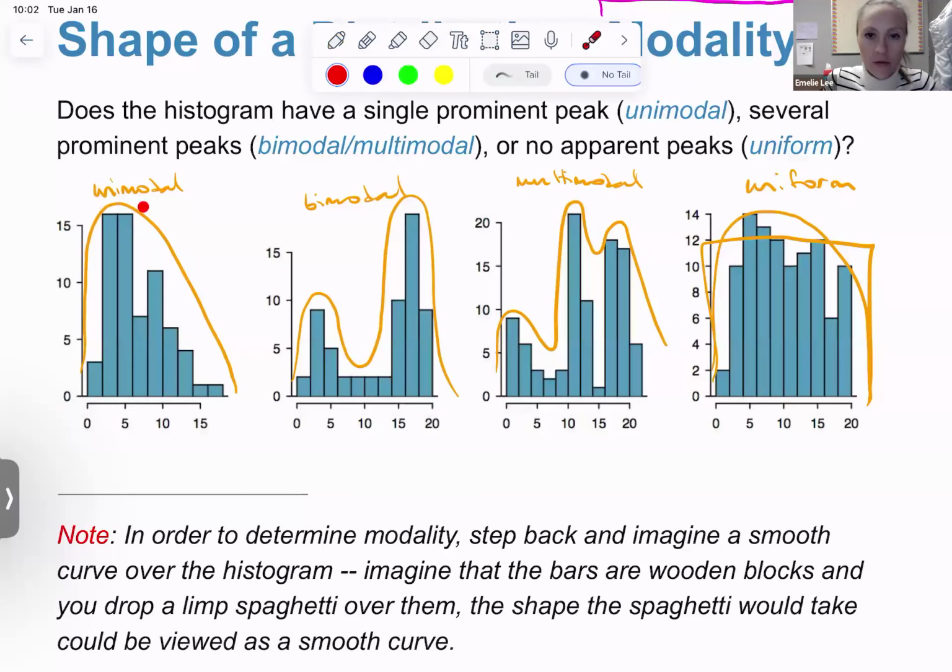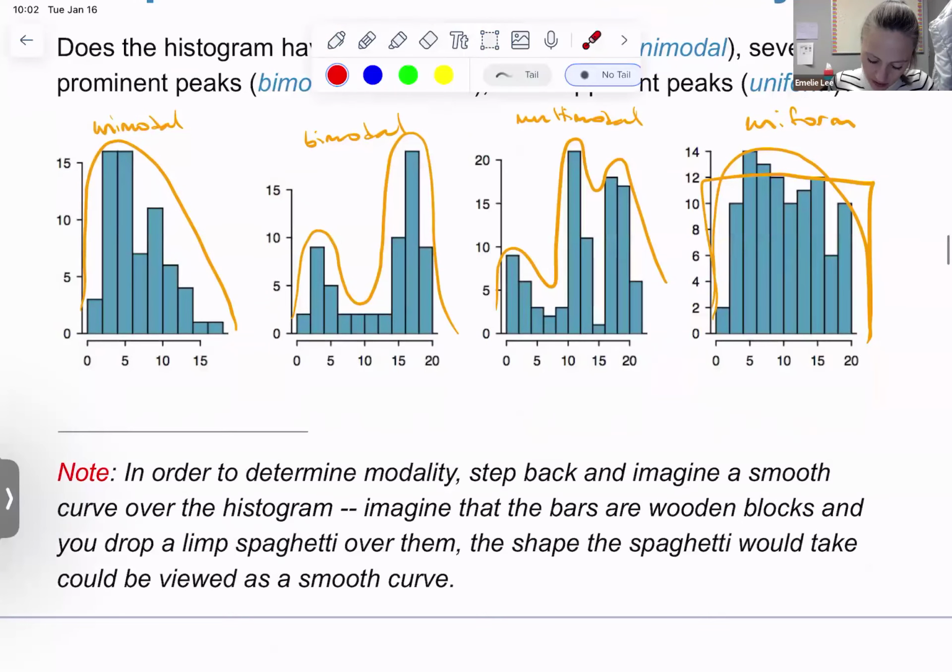But what we're going to focus on are unimodal distributions. Okay. And so that's where we're going to spend our time, right? It's good to know that these other ones exist, but in general, you're going to be arguing that it's a unimodal distribution.